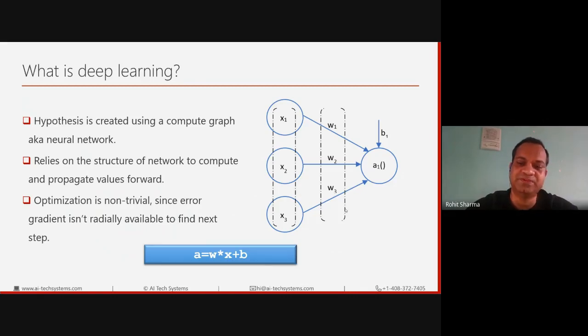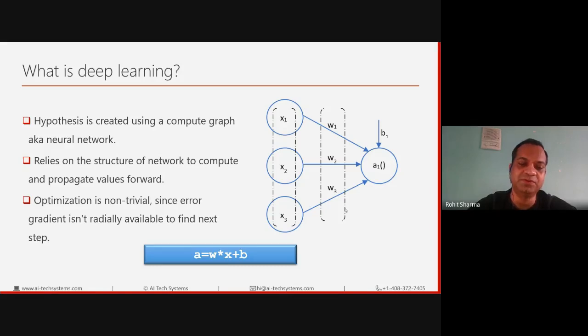And once you specify that using Python or C++ or whatever have you, then an optimization algorithm will run on it, and then will start changing these W's and B's. And that's where your learning is happening. That's where the neural network is being trained.